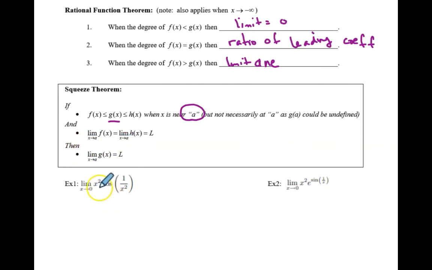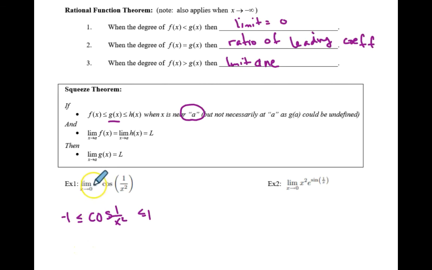So we don't know what the limit of x squared cosine of 1 over x squared is. But I do know that cosine of 1 over x squared has to be less than or equal to 1 and greater than or equal to negative 1 because I know that the range of a cosine function is from negative 1 to 1.